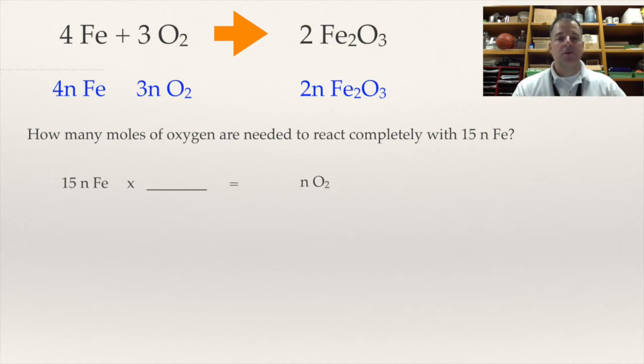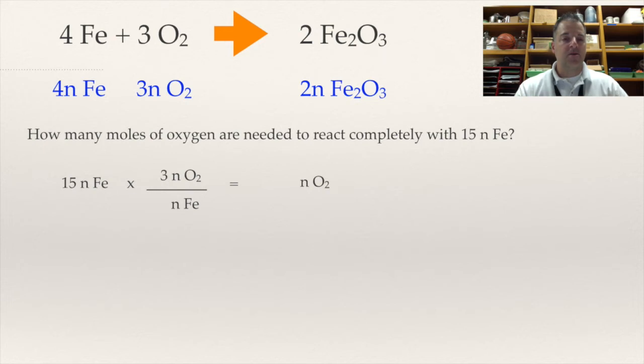So in the factor label method, we put moles of Fe on the bottom, and since we want to find out moles of O2, and we do know that relationship, that's an important idea, we can compare moles of Fe to moles of O2 using our equation, so then I can put moles of O2 on top. Once we have the unit in place, we look to our balanced equation, which compares moles of one chemical to moles of another, and we grab the numbers.